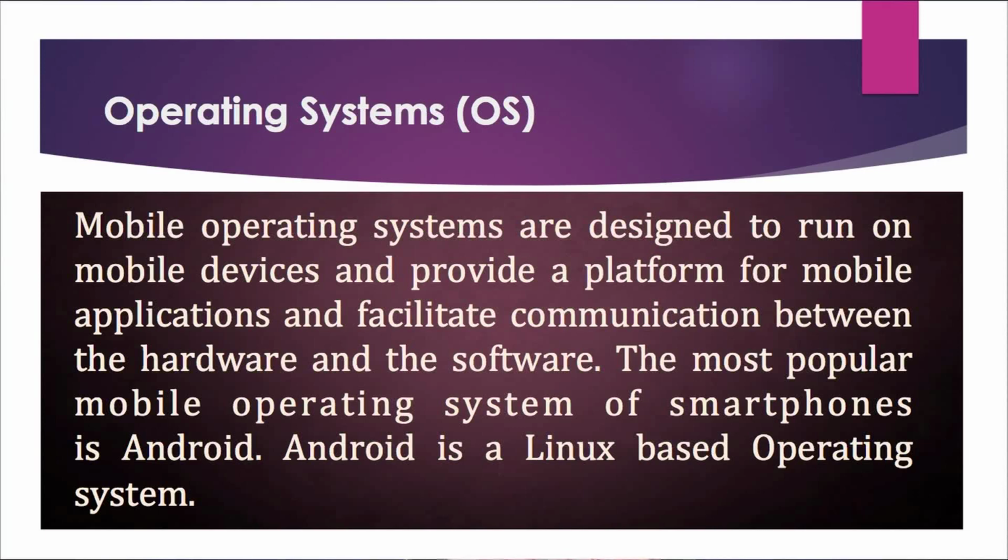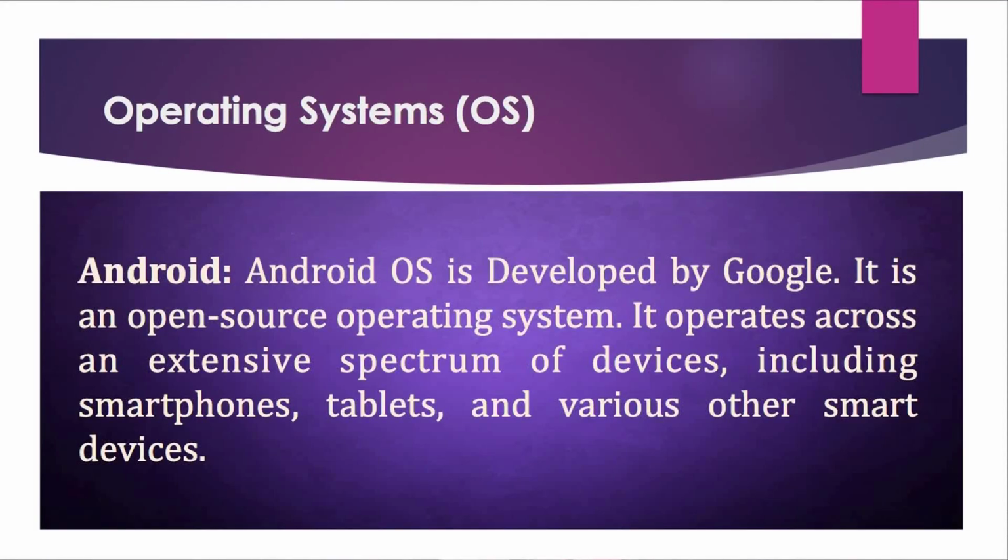The most popular mobile operating system for smartphones is Android. Android is a Linux-based operating system. The Android operating system is developed by Google. It is an open source operating system.